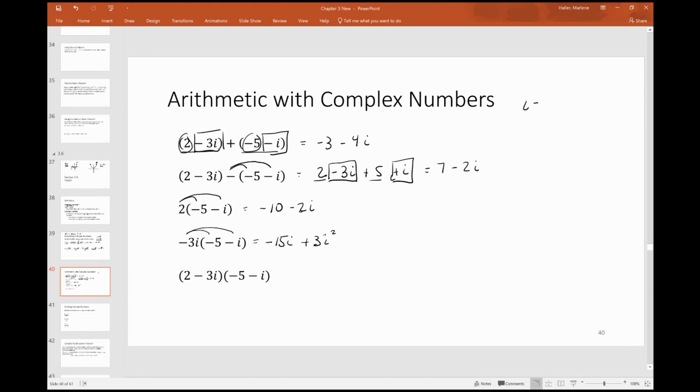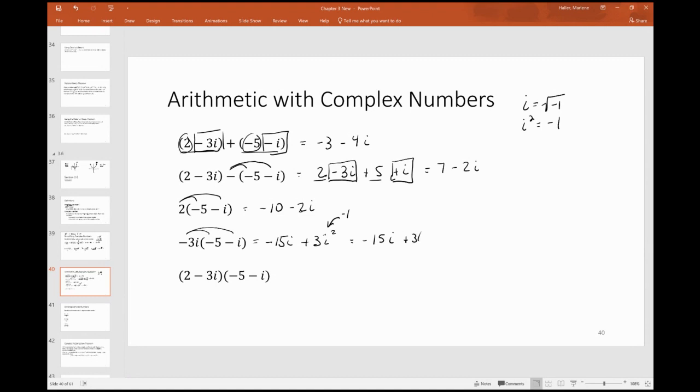If i by definition is the square root of -1, what does i squared have to be? If we square both sides, we can see that i squared is the square root of -1 squared, or -1, right? So whenever I see an i squared, I always want to make sure that I substitute that with -1.